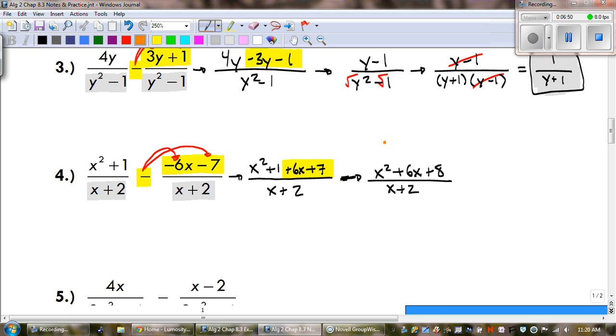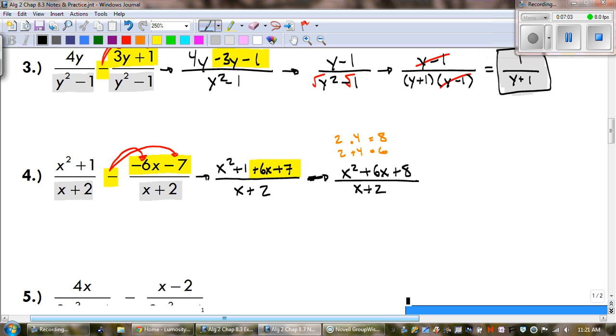Do you know any numbers that multiply to get to 8 and add to get to 6? Hopefully you're saying 2 and 4, and I'd say you're right. I can do the shortcut because there's only one x squared.